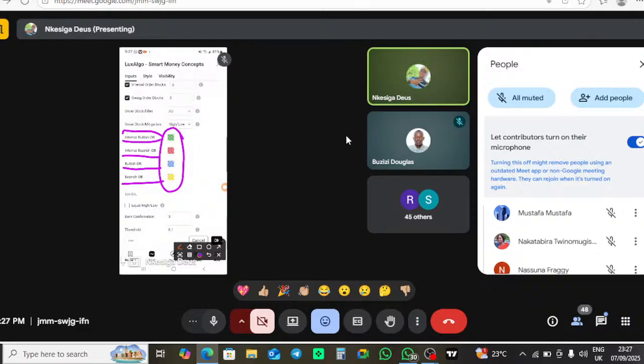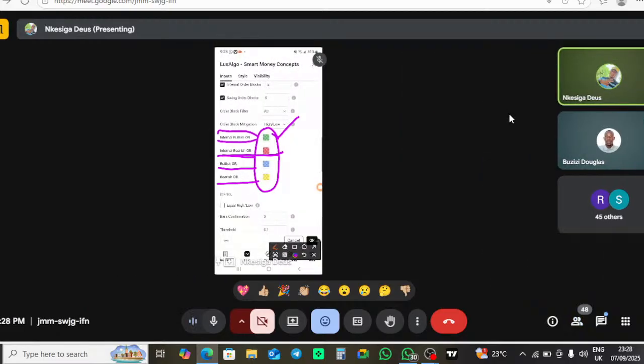So here, green is representing internal bullish order block. Then we have a red here as well. It is also representing bear. If we talk about bear, it means we expect the market to drop. Are we getting the point? So then here we have bullish OB.